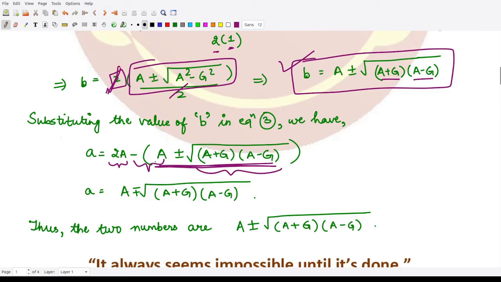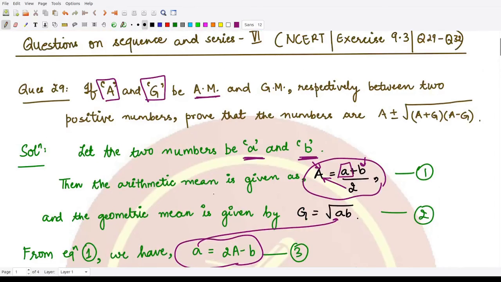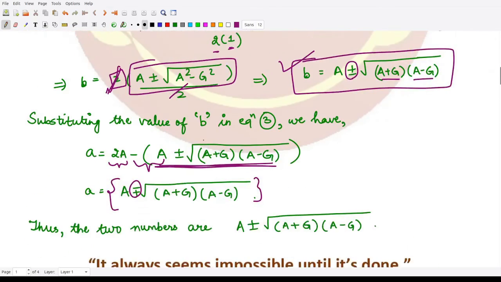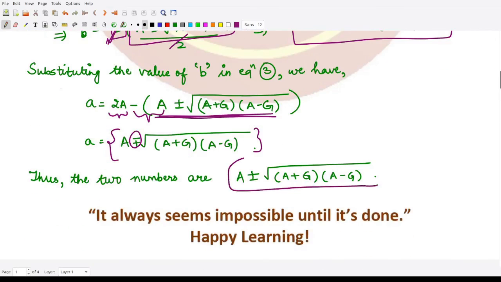So A would be subtracted from this 2A, and we'd be having 1 capital A, and these signs would be reversed. So the value of a is just the opposite of the value of b. That means in b we had this plus minus sign, and here we have minus plus sign. So the two numbers with the given conditions in the present question are these only, and this is what we wanted to prove here in this question.